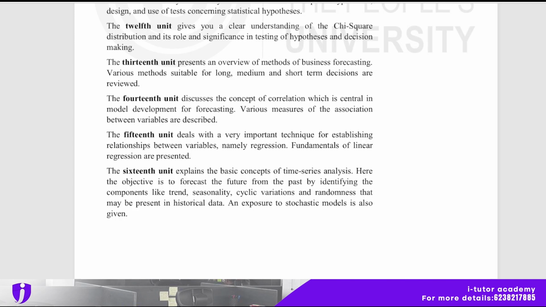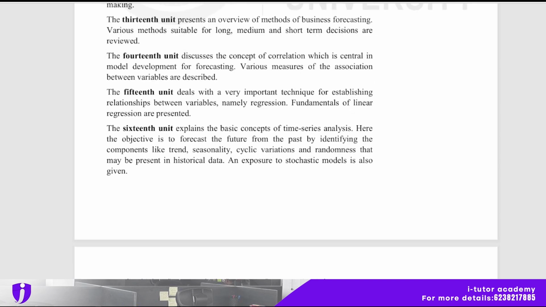The 16th unit explains the basic concept of time series analysis. Here the objective is to forecast the future from the past by identifying the components like the trend, seasonality, cyclic variation and randomness that may be present in historical data. And exposure to stochastic models is also given.